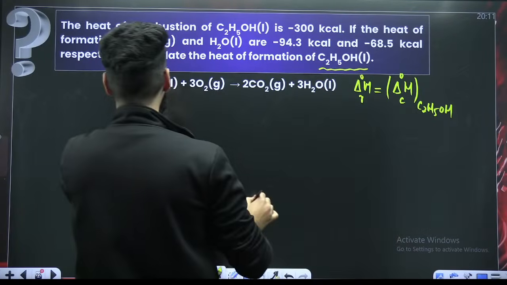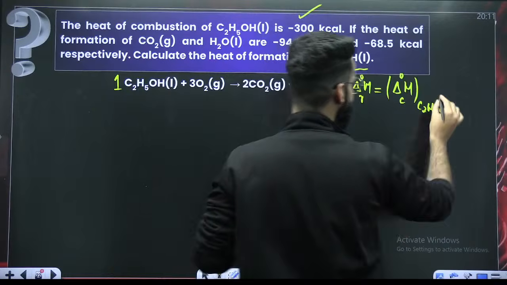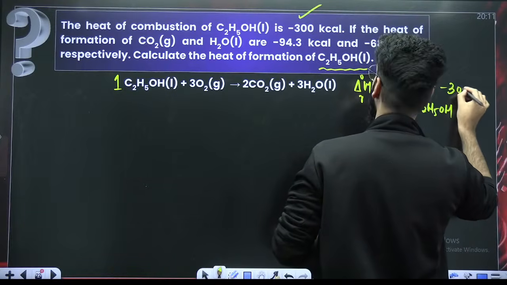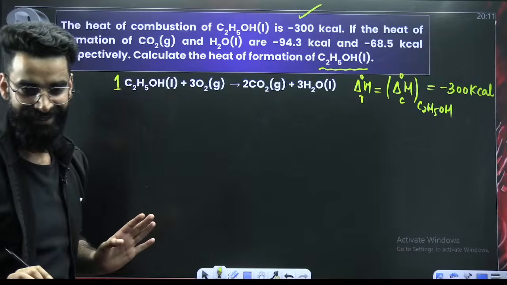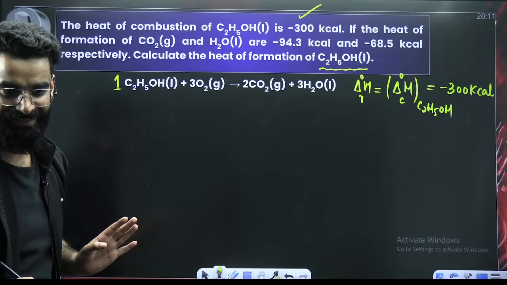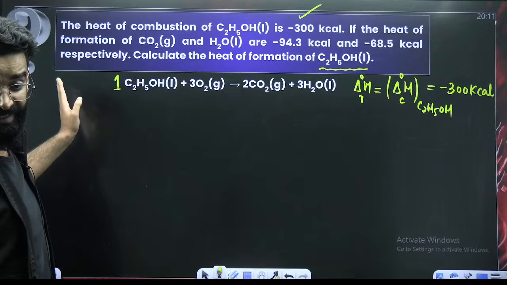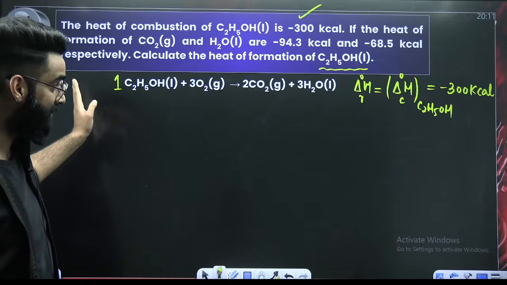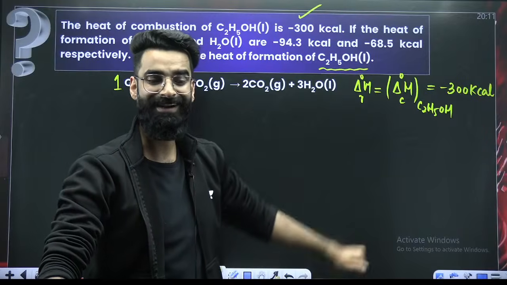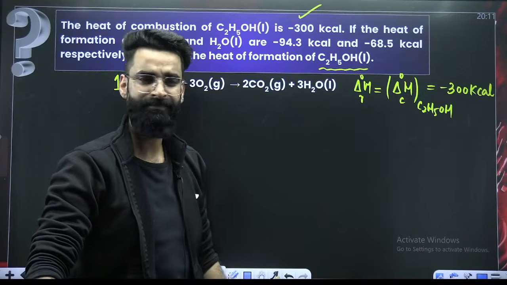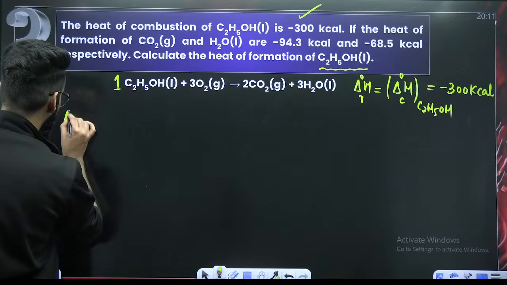Is this standard enthalpy of combustion of ethanol given? Yes, it's given as minus 300 kilocalories. So, the standard enthalpy of reaction will be called the standard enthalpy of combustion of ethanol.